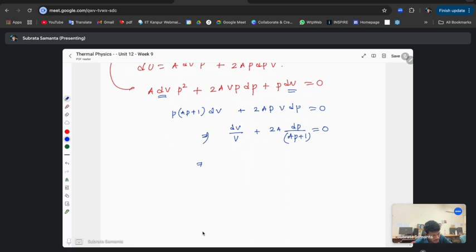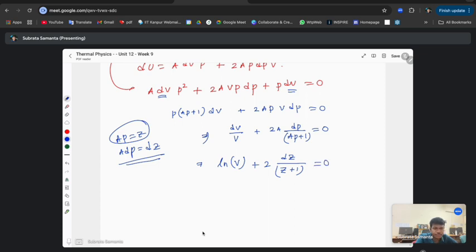So this implies ln V plus 2, and when we consider A dP as dZ, so A dP is basically your dZ, and AP equals to Z, a change of variable, right? Since A is a constant, A dP equals to dZ. So 2A dP we replace with 2 dZ over (Z plus 1), and that equals to 0.